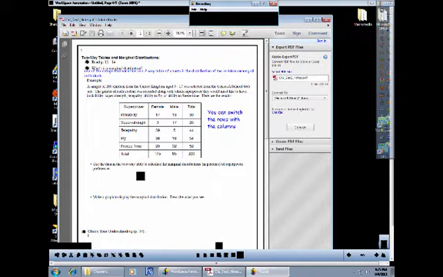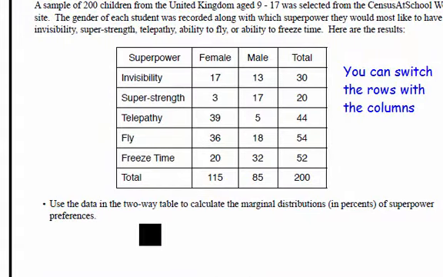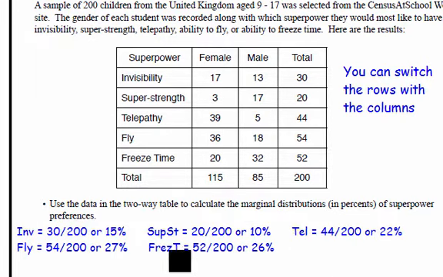So to find the marginal distributions in percents of superpower preferences, we find the percent among all of them. We use the data from the two-way table to calculate our marginal distributions in percents.